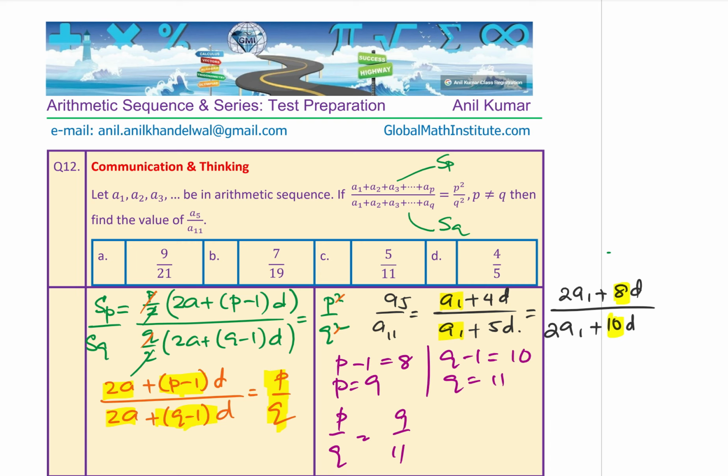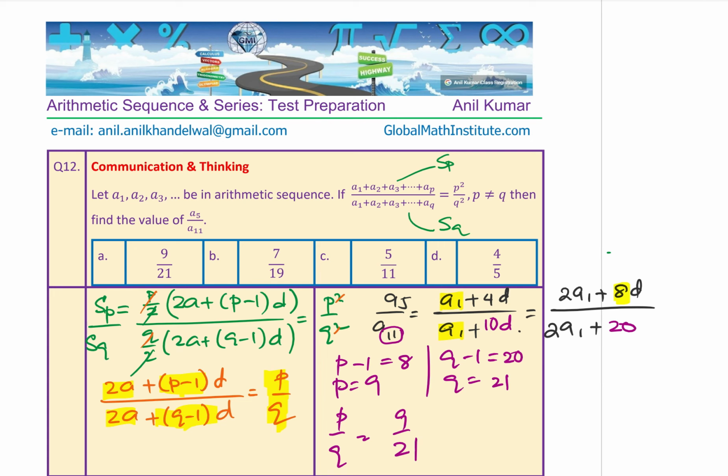Now q was 11, right? Sorry. The 11th term is a1 plus 10d, not 5d. We want a11, right? So it is 10d. So this will be 20, so q will be 21.